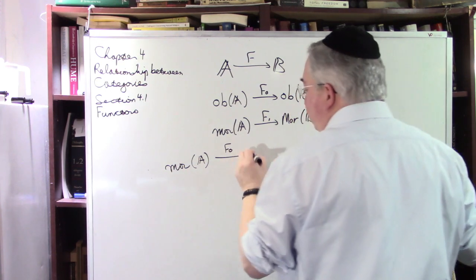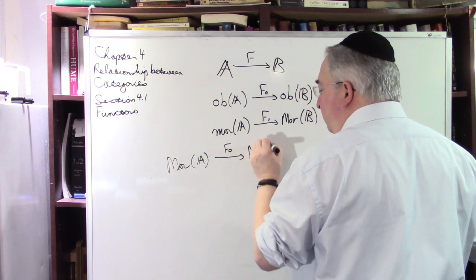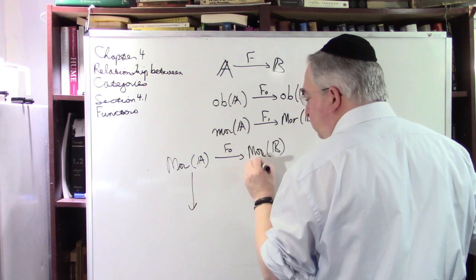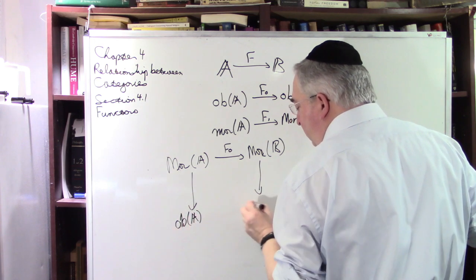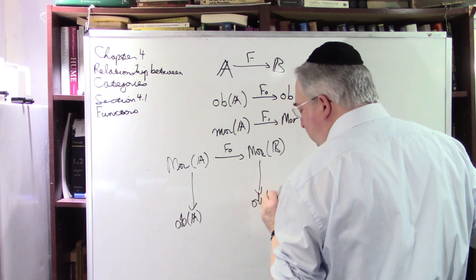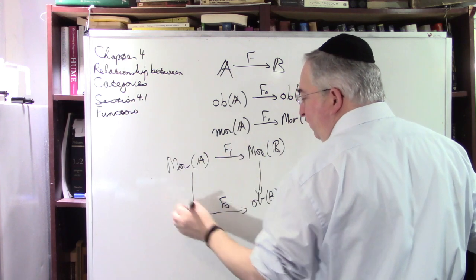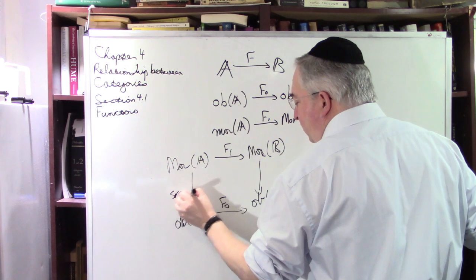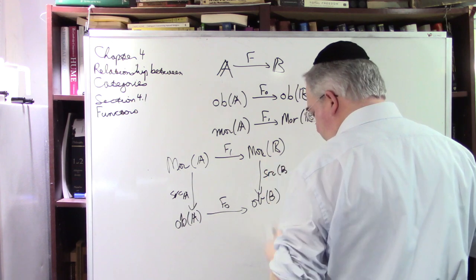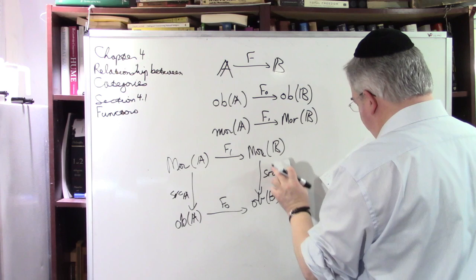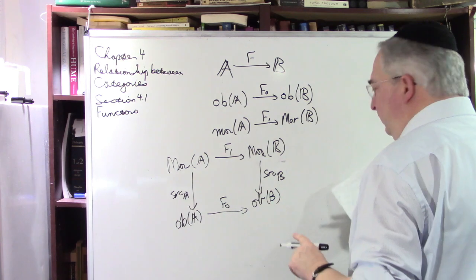Okay, and so the idea is as follows: given morphisms in A, this is your F0, this is morphisms, maybe we should do capital M, in B, and this is objects in A and objects in B, and that's F1, this is F0, and this is source of A, and this is source of B. Okay, we have a whole other one.